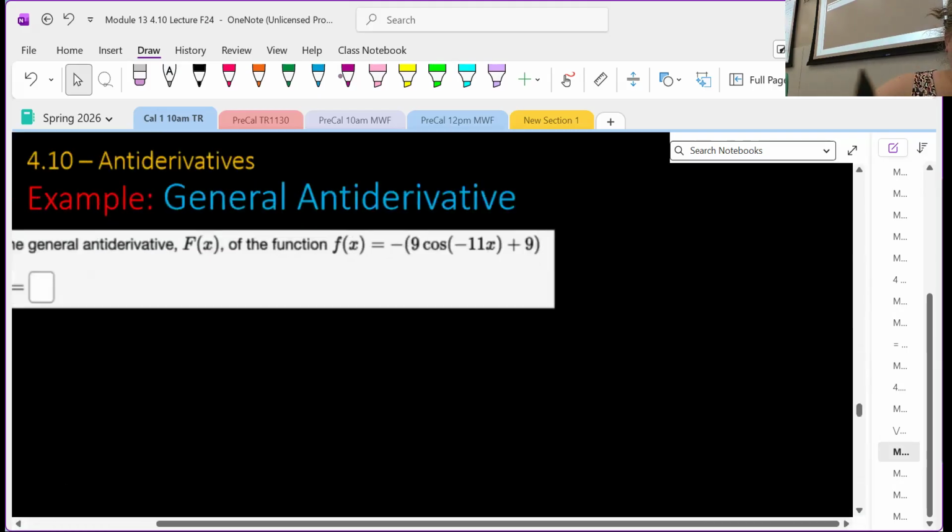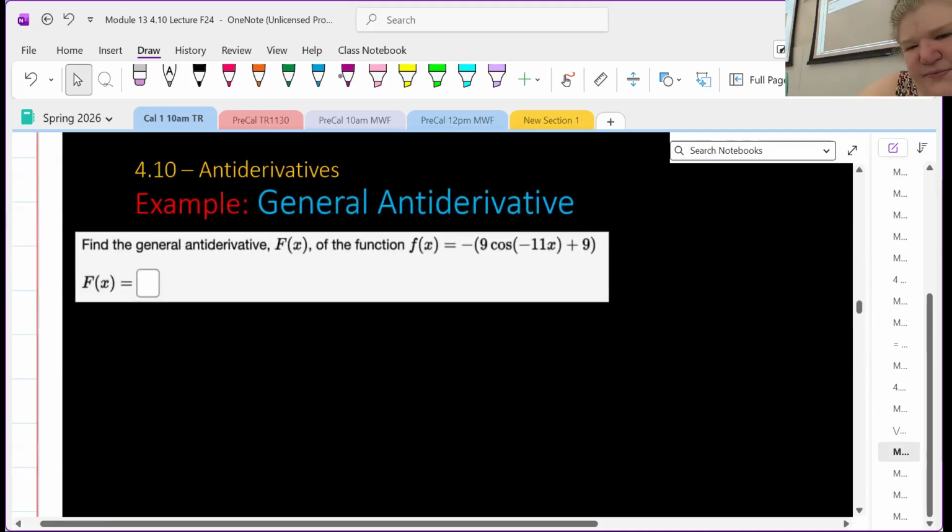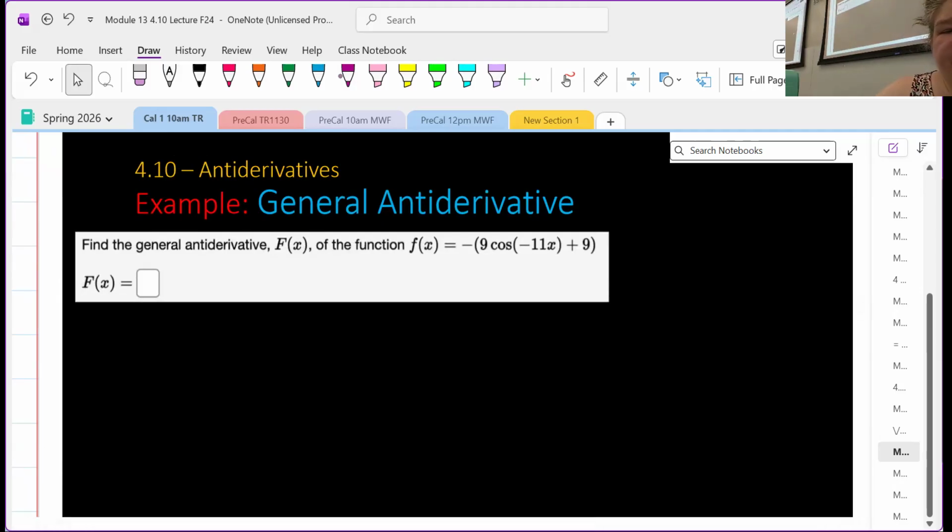All right, now this one's a little more interesting. So let's look at that function, think about what we can do with that. All right, so they've got this minus outside of some parentheses.